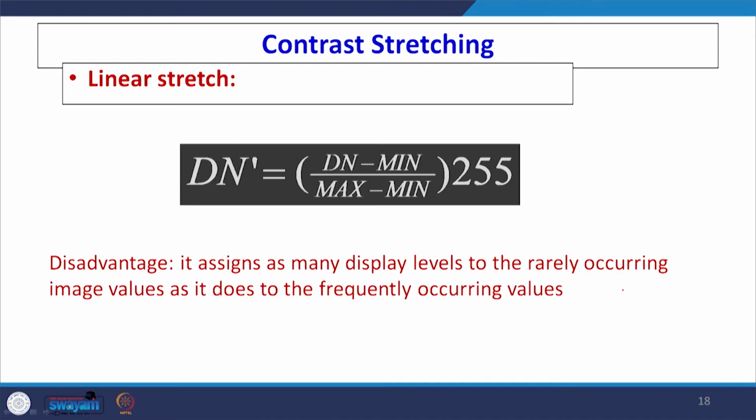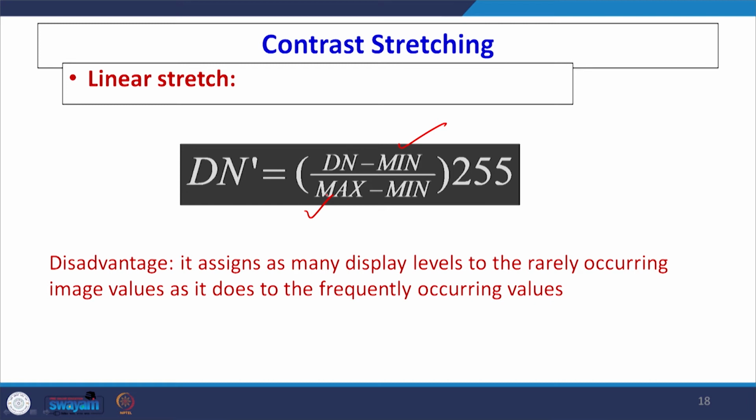When we talk of linear contrast enhancement, we use a very simple mathematical equation where we should know in our original image what the minimum value present is. As I gave you the example, if 10 is my minimum value, min is replaced by 10, and if 60 is my maximum value, then in place of max the 60 is replaced.